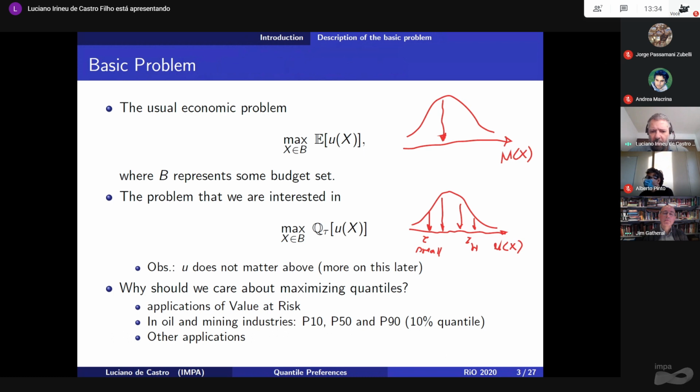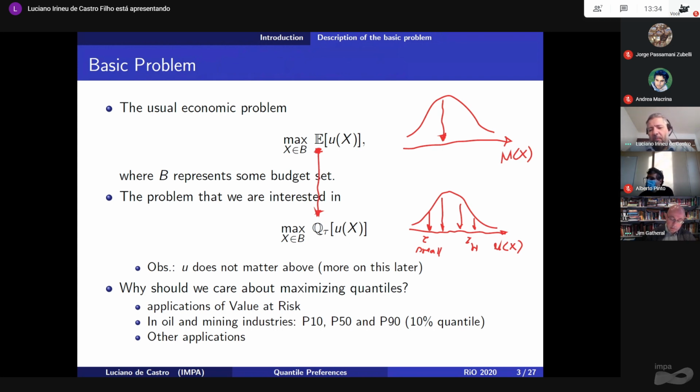Actually, I'm going to comment in a moment that u is not so important in this case, but the main idea I want to convey is that I'm trying to look for parallels of, instead of using expectation, using quantiles. We are looking at problems where the function that you are trying to maximize is not based on expectation, but on a quantile, which in some sense also gives a certainty equivalent of the problem.